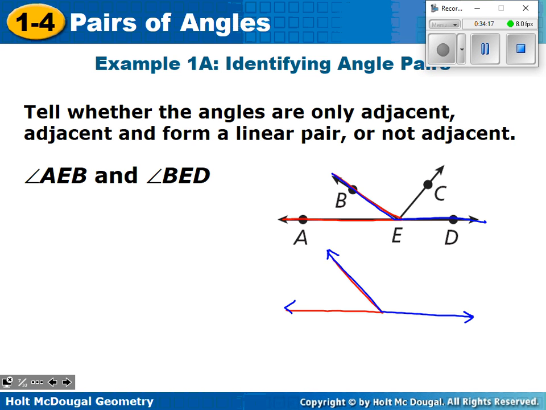So they are adjacent. Are they forming a straight line? Yes. So therefore, it should be adjacent and form a linear pair. Does that make sense? Okay, move on to the next one. Hands up if you think the second one is only adjacent.